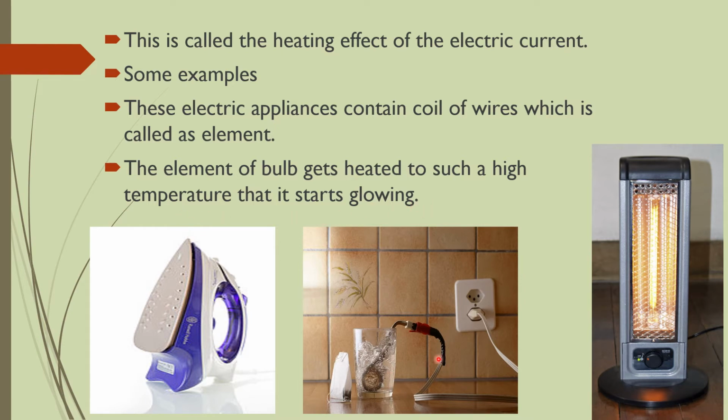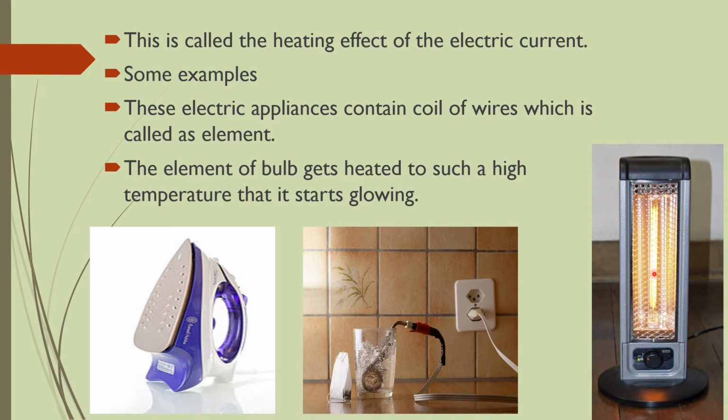Like if you see these immersion rods, they are used for heating water. In this also the element is present, and when we switch it on, this element gets hot, due to which our water gets heated up. Now here you can see an iron. In an iron also elements are present which get hot, due to which we can iron our clothes.